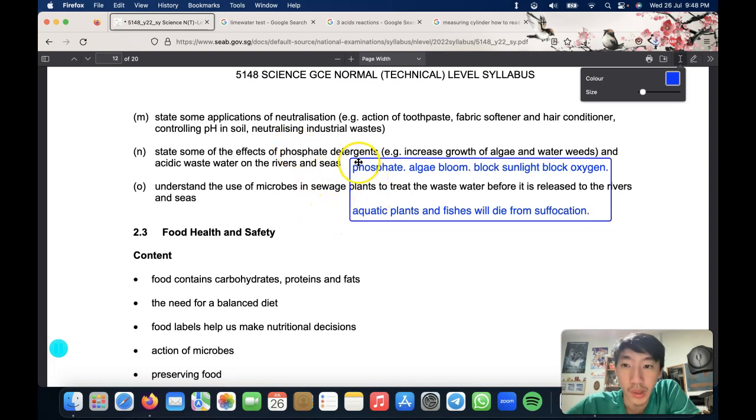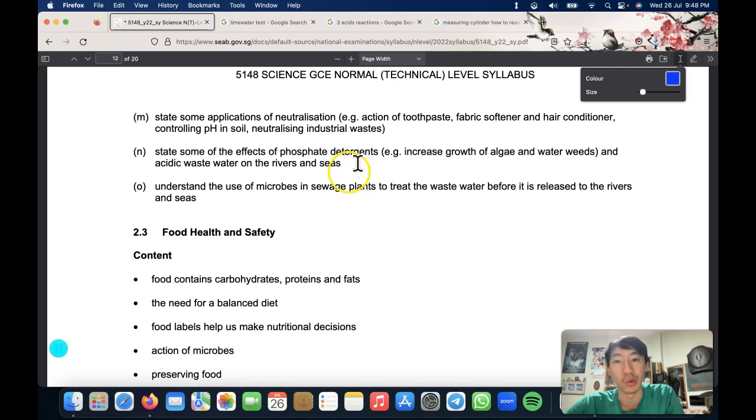And why is acidic wastewater bad? Of course we know, the fish need the correct level of pH in order to survive. So we cannot have acidic wastewater going into the river and sea. What are microbes? Things like bacteria, things that are very, very small, that you cannot see with your eye.